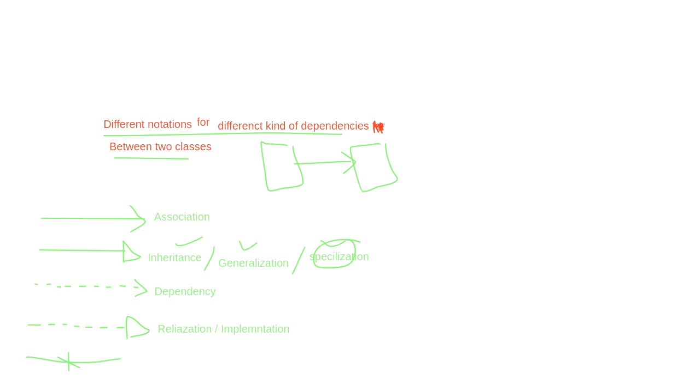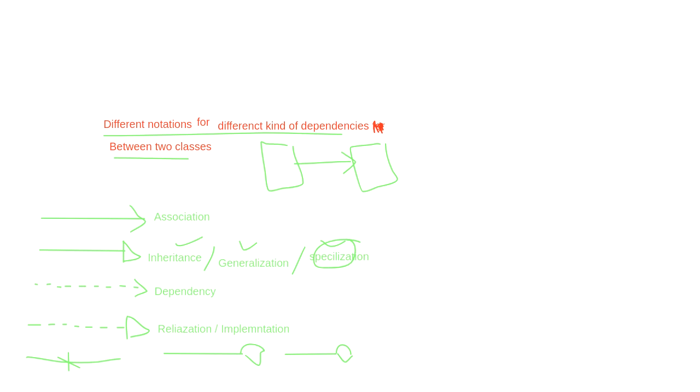I will write here a straight line, and then I draw the diamond like this. This is the diamond shape.